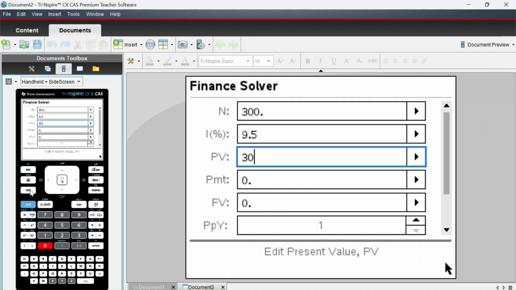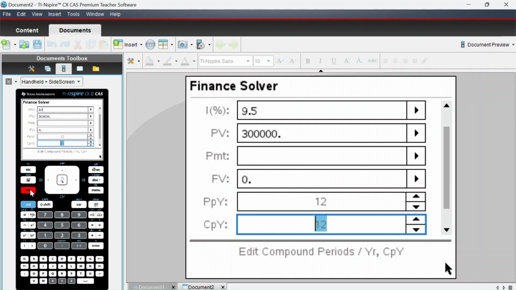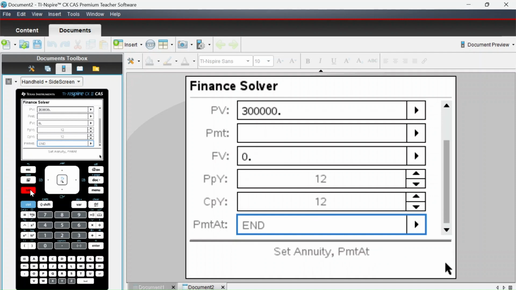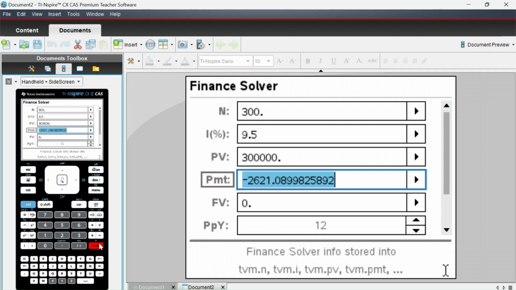Present value was 300,000. The payment, that is what we're trying to find, so I'll leave that blank. Final value 0. Okay, PPY 12. CPY is 12. It says END in that menu at the bottom, so I can tab around to get to the payment and push enter, and there's our payment.